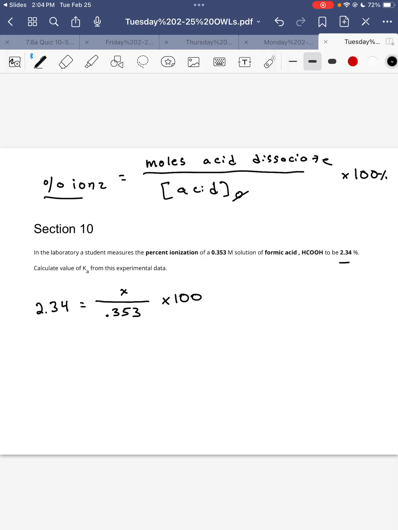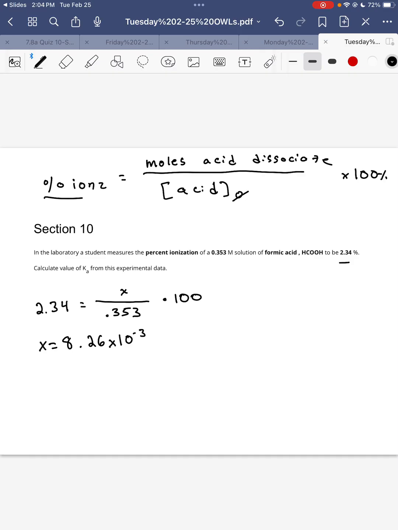Now, I have to be kind of careful with my algebra here because of this times 100. Let me make sure that's a times sign rather than an x to avoid confusion. After a little bit of algebra and manipulation, I should see that x is equal to 8.26 times 10 to the negative third.